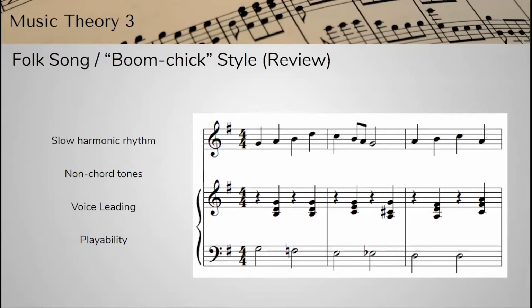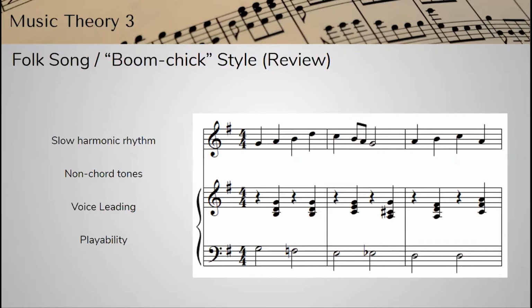Okay, so those are some things to remember. Now, boom chick refers to, of course, that we have a bass note and an offbeat chord. And that works great in a meter like 4/4. But we're going to try to harmonize something in 3/4. So we're going to start to adapt this texture into different meters. In 4/4, since the beats are strong, weak, that works out well for boom chick, boom chick.